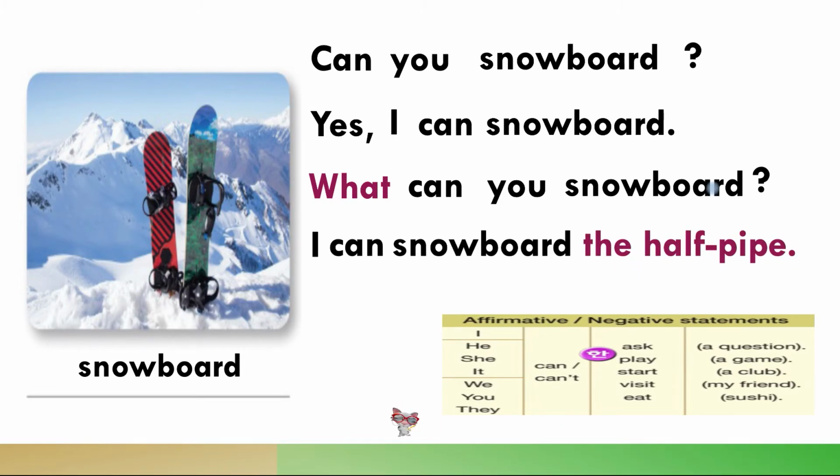Oh, wow. Impressive, Professor Neil. Yes, a younger version of me can do that. So there you go. Can you snowboard? Yes, I can snowboard. What can you snowboard? I can snowboard the half pipe. Excellent. So follow-up questions are good for building on the information.